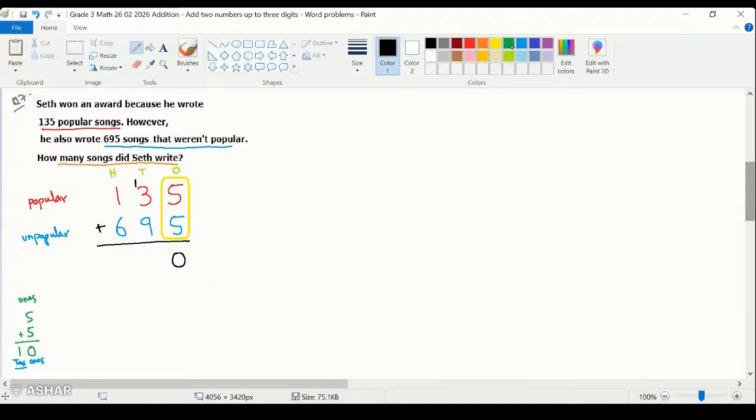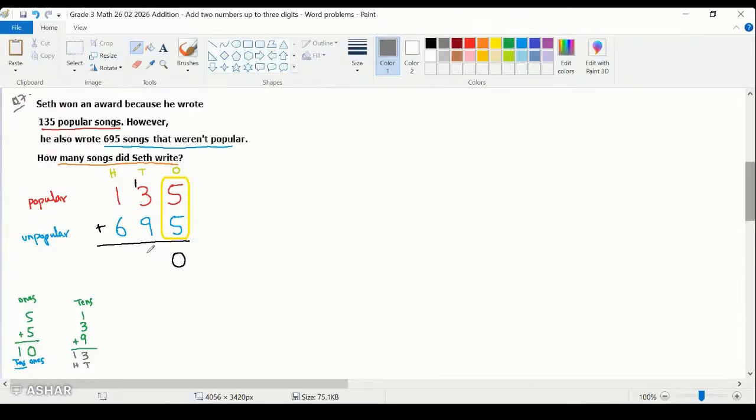When we add the tens, can we say we have 1 ten, 3, and 9? 1 plus 3 plus 9 is 13. So we have 13 tens. That means 3 tens and 1 hundreds.